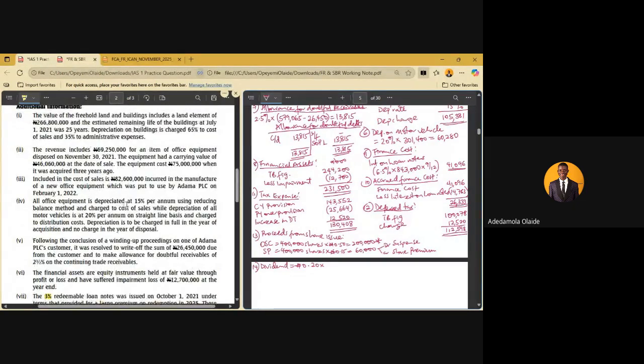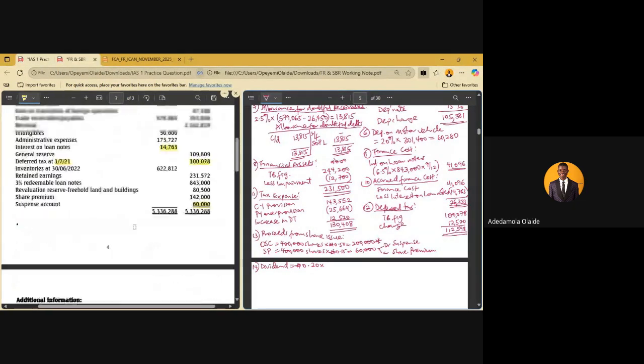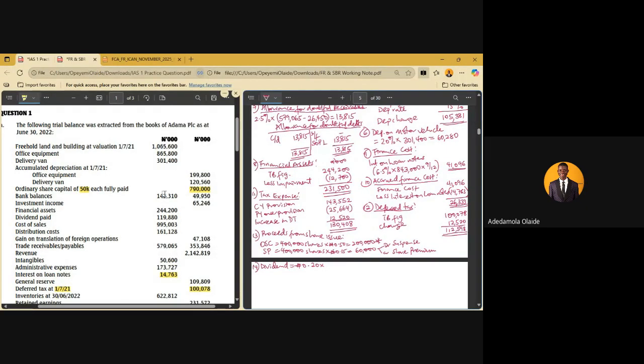Okay, so for the dividend, 20 kobo per share, how many shares do they have? We don't know. What we'll do is use the issued share capital, which is 790 million, divided by 50 kobo per share.